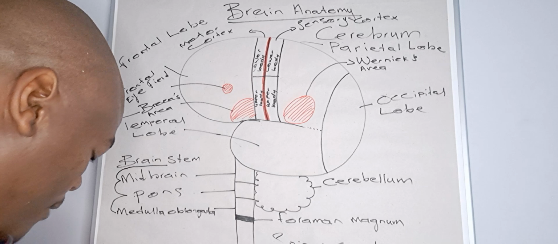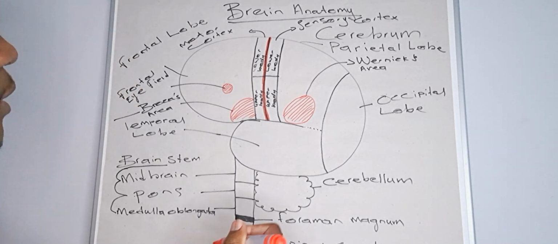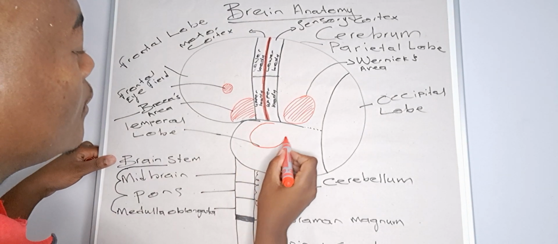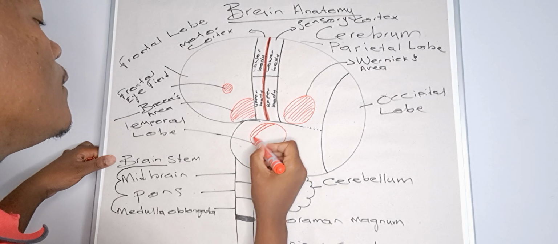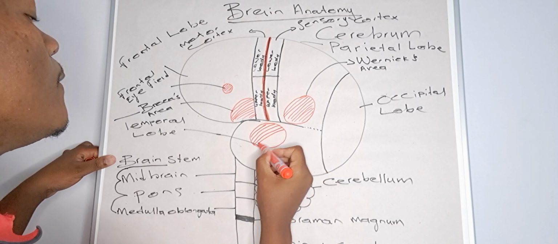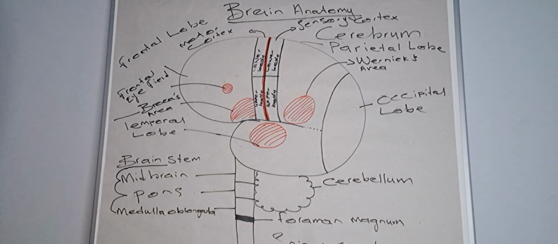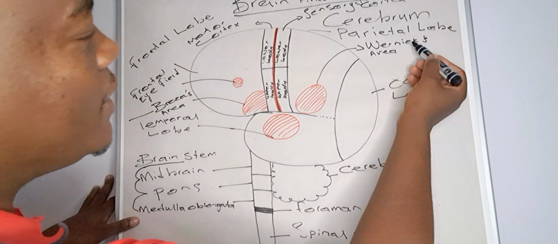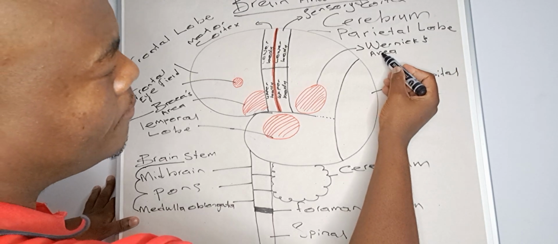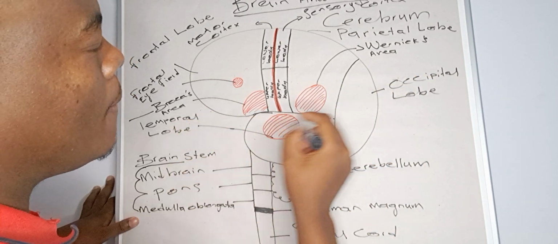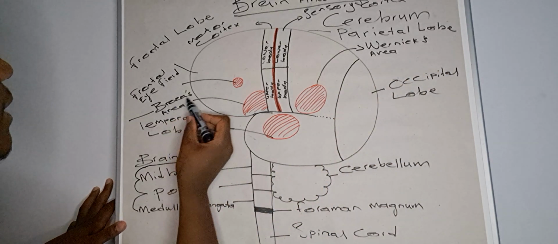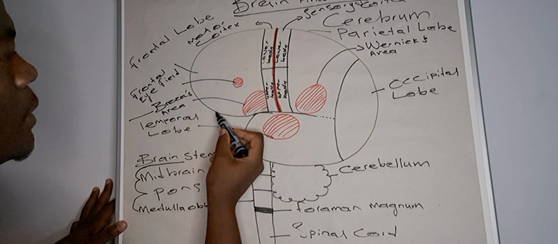We are just doing the labeling right now, and then we'll do the physiology in no time. There is another useful area here. So we have our Wernicke's area. Another name for Wernicke's, it will be our posterior speech generation. Another name for Broca's area, it will be our anterior speech generation.